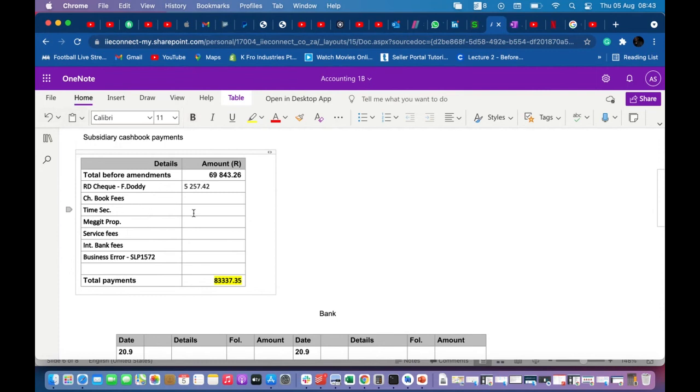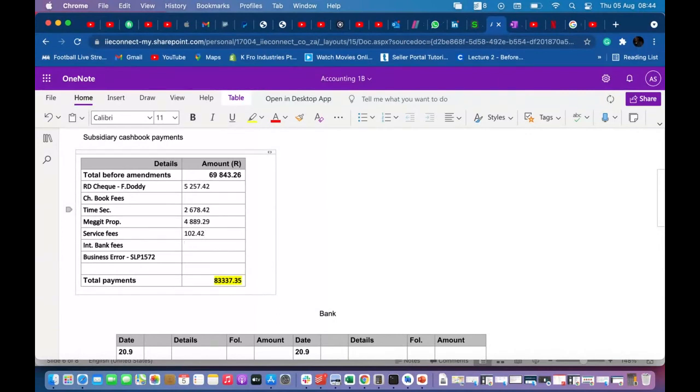Let's move on to time securities, because we know what that's about and where it is. So that was for 2,678.42. Okay, then the rental, 4,889.29. Okay, then we had service fees, 102.42.